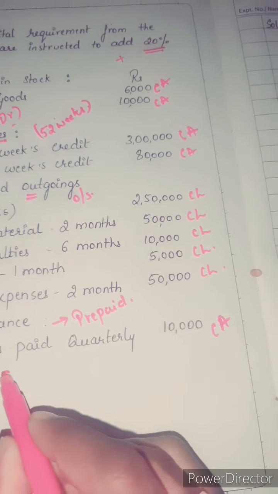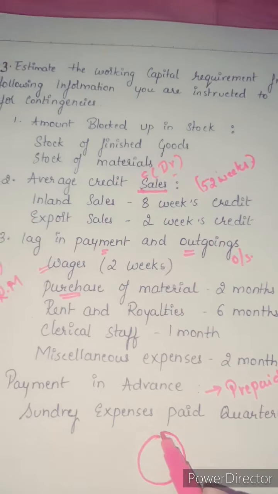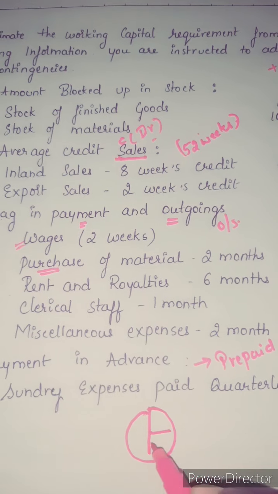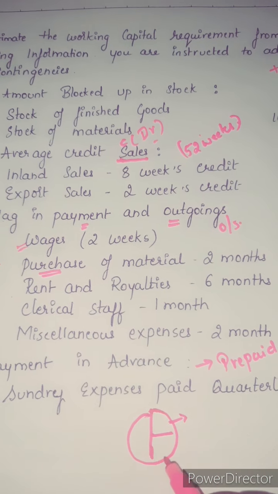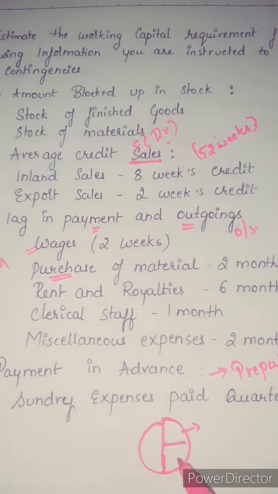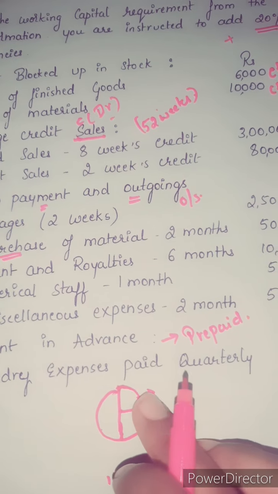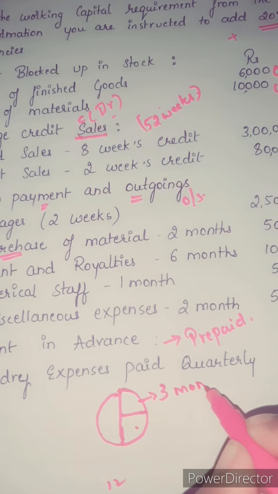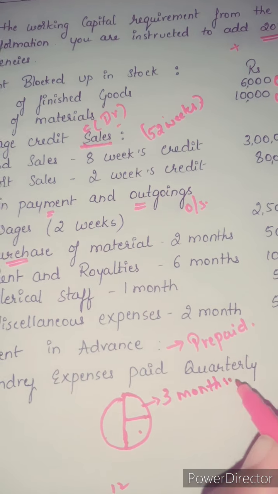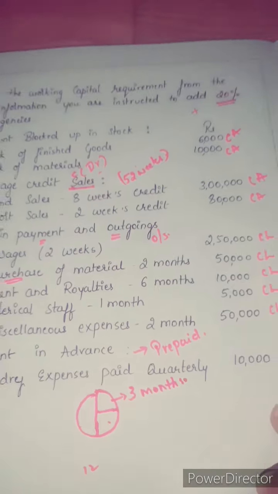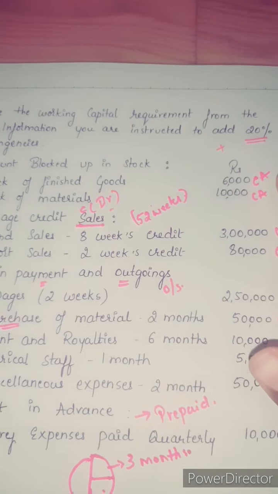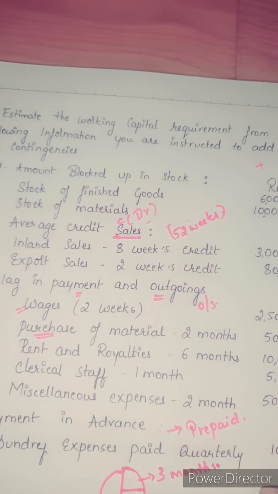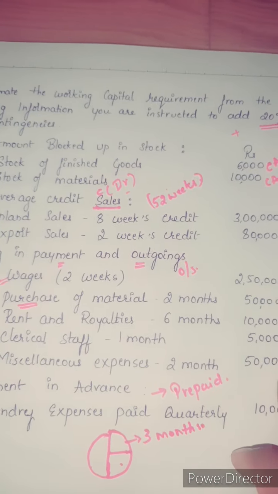A year has 12 months, so half year means 6 months, and quarterly means 3 months. So we have simplified each item into current asset and current liability.